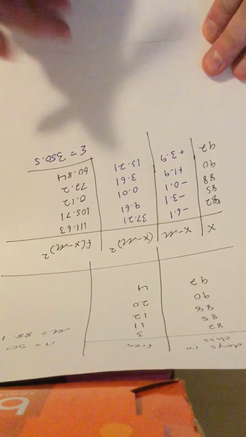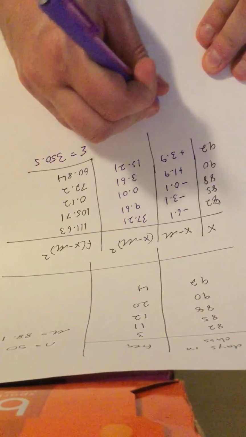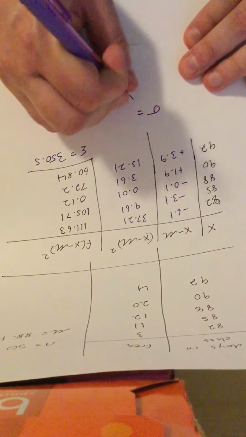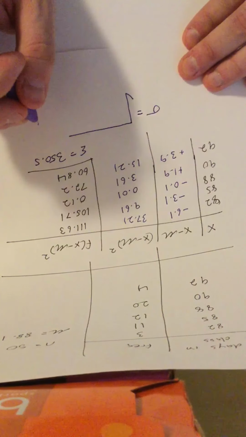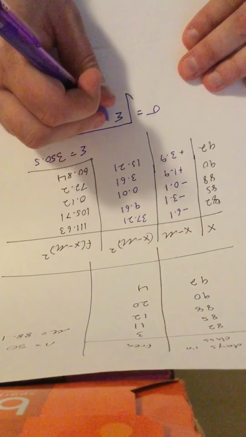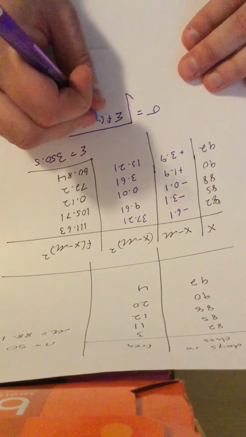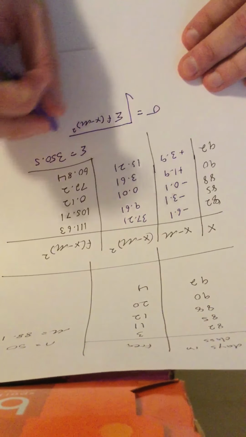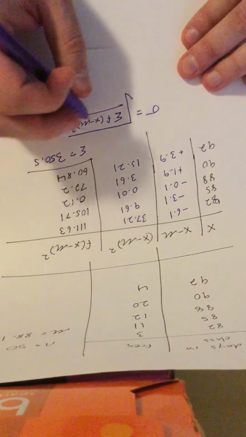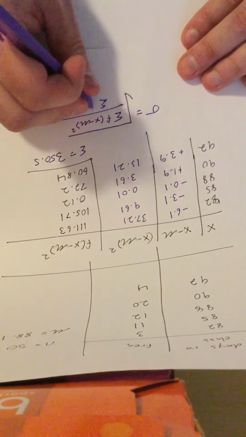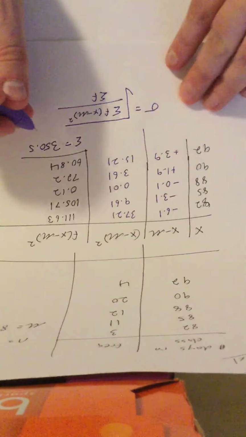So now, when we do our formula, the standard deviation is going to be the sum of the frequencies times the deviations squared divided by the total number of things, which in this case is going to be the sum of the frequencies.